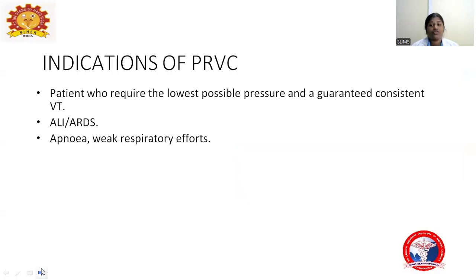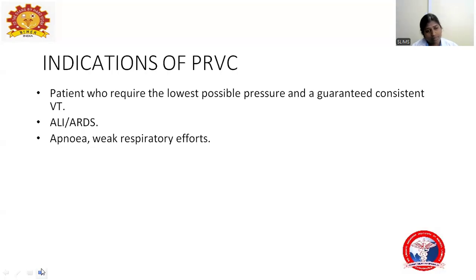So what are the indications of pressure regulated volume control? Patients who would require the lowest possible pressure and guaranteed volume are those who are in need of pressure regulated volume control, and patients with acute lung injury and ARDS, and patients with apnea, so that whenever the patient breathes, the ventilator will provide the pressure to regulate that.